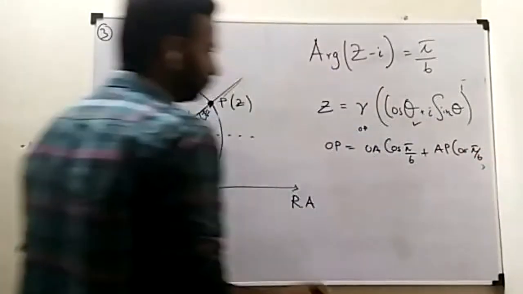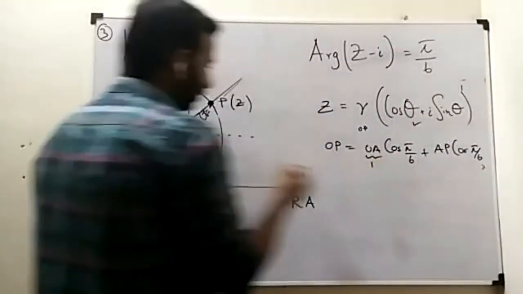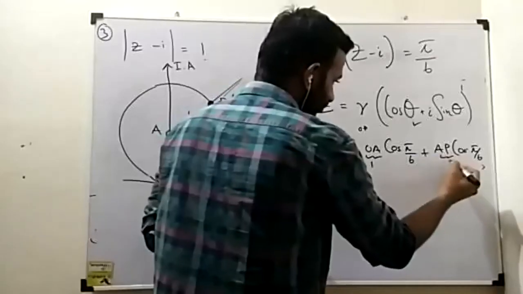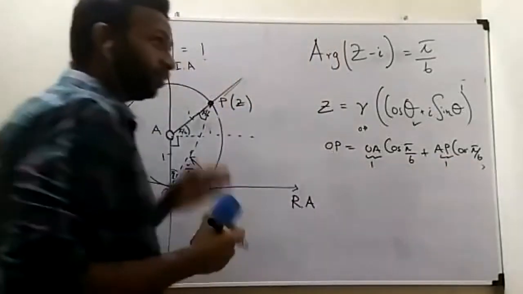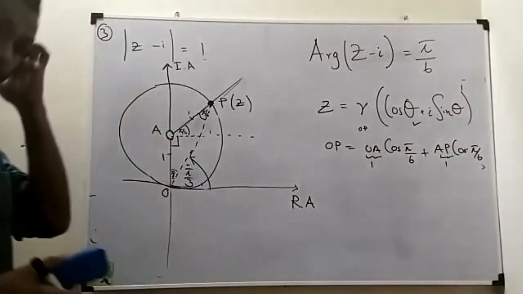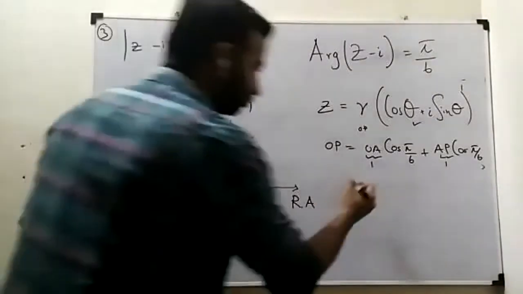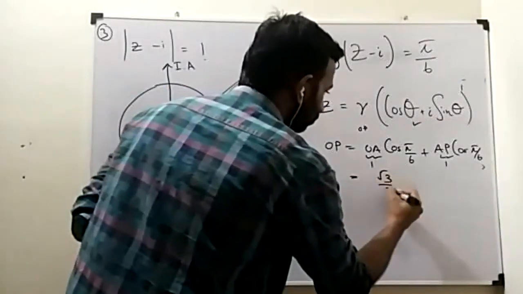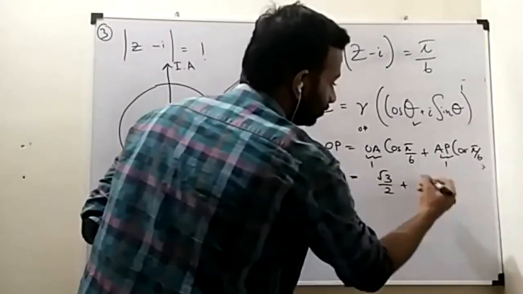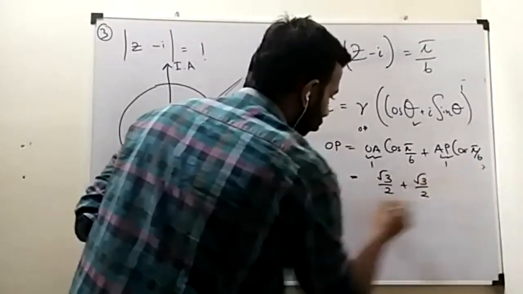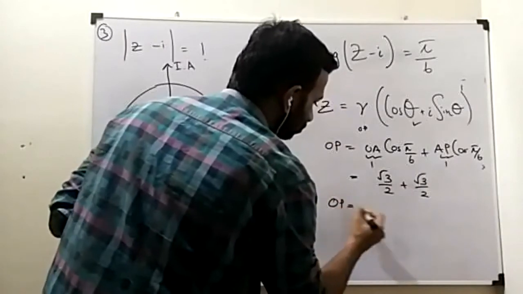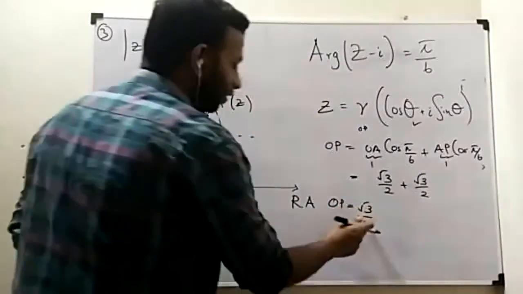OA is equal to 1. That's the radius of the circle. This is also 1. Cos 5 by 6 is how much? Cos 30 is √3 over 2. Plus cos 5 by 6 is √3 over 2. So OP is √3. Why OP? OP is the R distance.